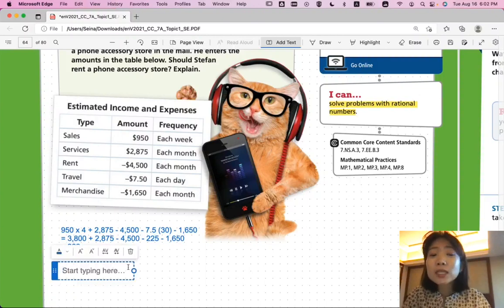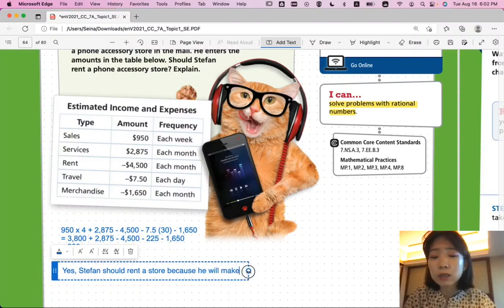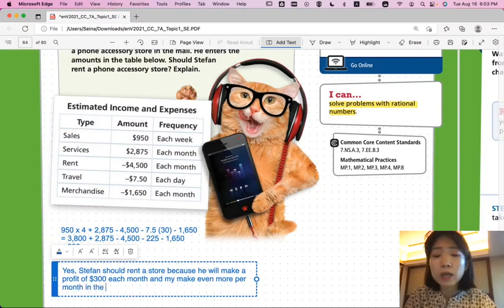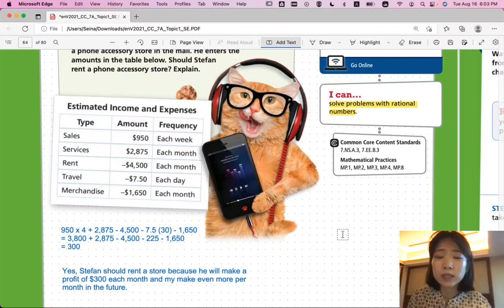But we can also say yes, Stephen should rent a store because you will make a profit of $300 each month and may make even more per month in the future. So if the sales go up, then it's worth the time and money. But if you don't think it's going to go up, then you can say no, it's not worth it.